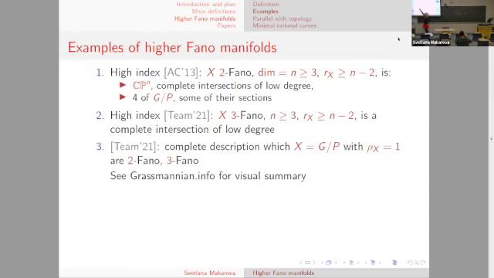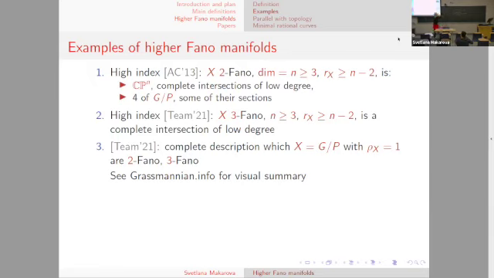Or they give 4 examples of rational homogeneous spaces, G mod P, and for one of those homogeneous spaces, several of its hyperplane sections will also be 2-Fano. And they prove that this is the complete list of those.